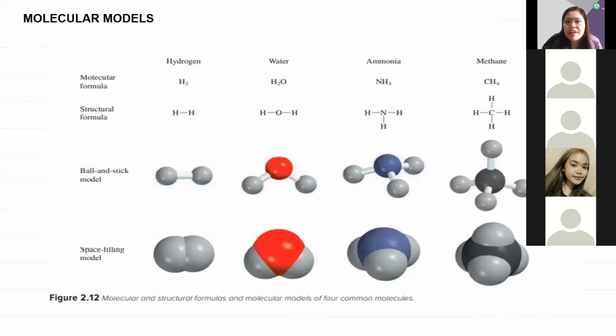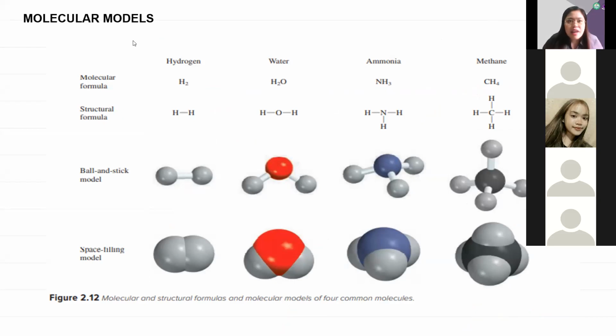Next, we have here the molecular model. So yung ginagawa ko class na nilalagay ko lang like water H2O, ammonia NH3, methane CH4, hydrogen is H2. Ang tawag natin dyan, molecular formula. That's the true formula of our chemical substances.